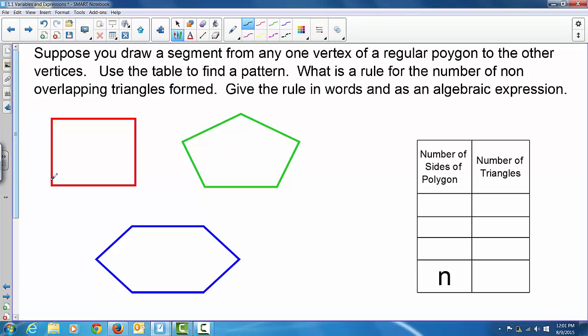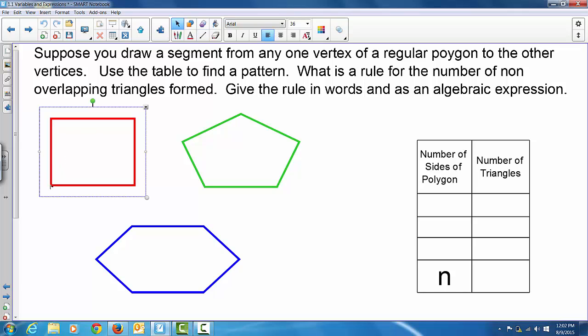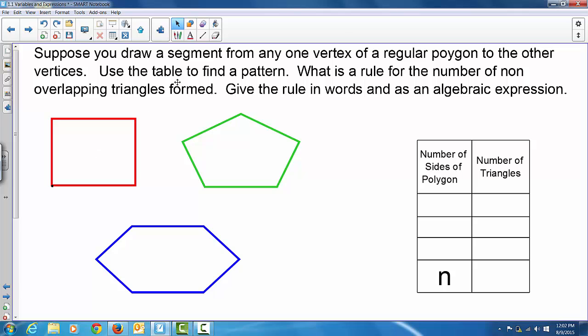Let's see what we're going to do here, okay? You could have started anywhere. Let me get a line over here. So if I go from here to here.